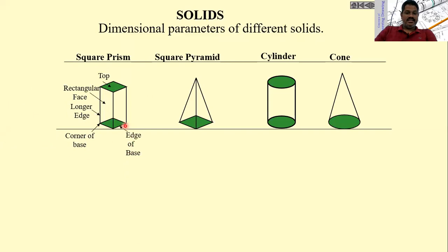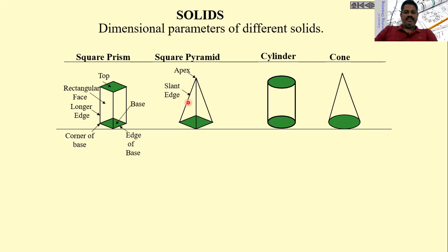As you can see, the edges of the base are called the edge of the base. The corners of the base are called the corner of the base. Then this is actually the base. Then this is the apex. Then it is called the slant edge.